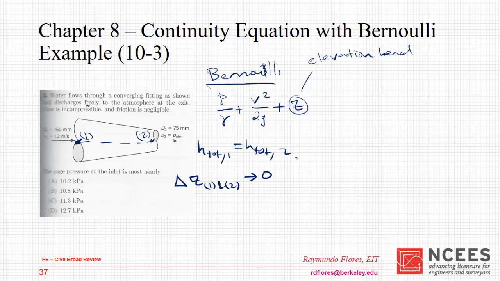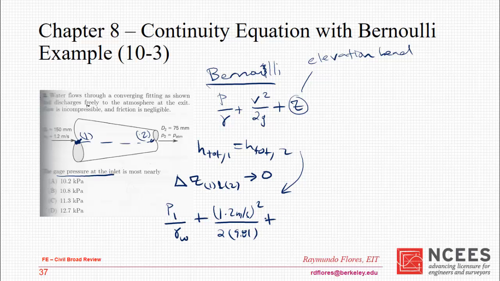Don't need to factor it in. And so if we're going to use this idea, then we're going to say, okay, well, P at 1, which is the gauge pressure at the inlet, divided by rho water, because it's water, right? And then you add that to the velocity at 1, so that's going to be 1.2 meters per second squared, divided by 2 times 9.81, right?